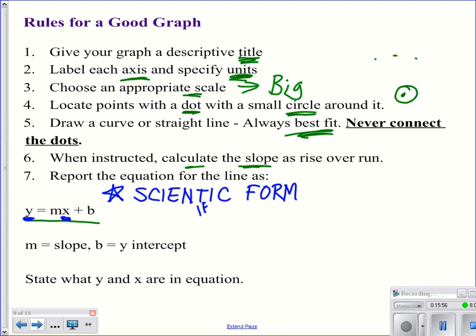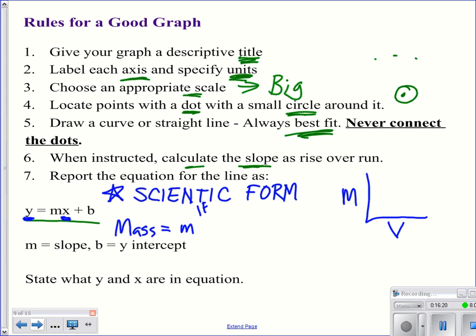So if we're talking about graphing density, what am I going to define? What's my y? Your mass. So what you need to do is say mass, or if you want, just the big capital M, equals, and then you plug in a number for your slope, your m.